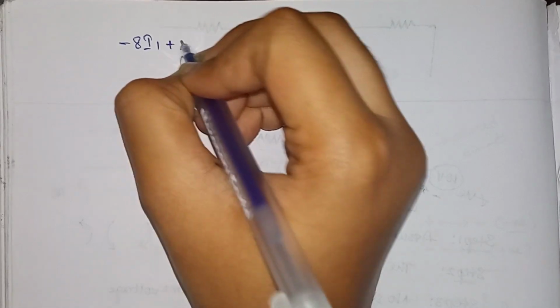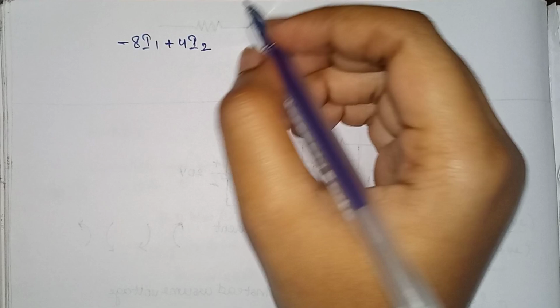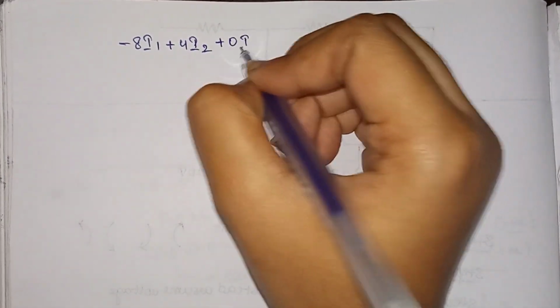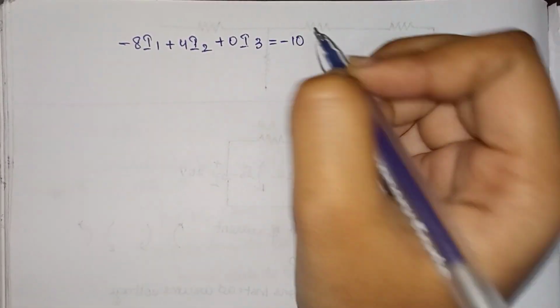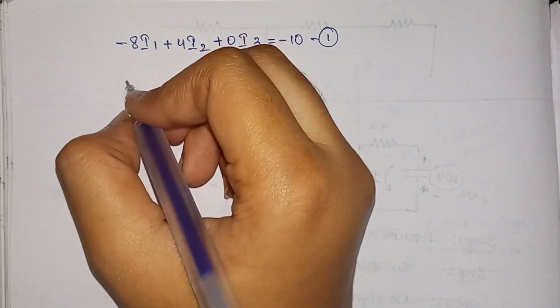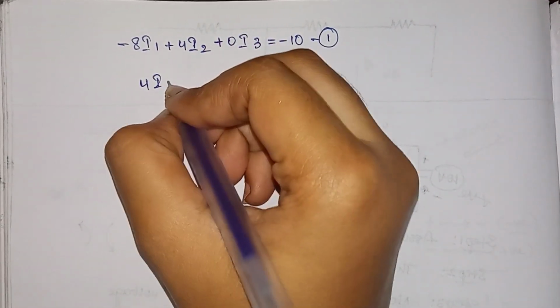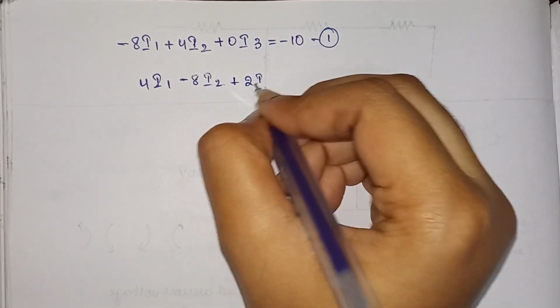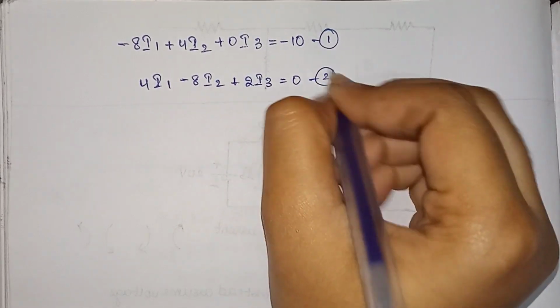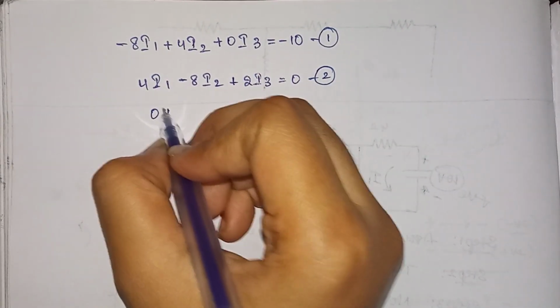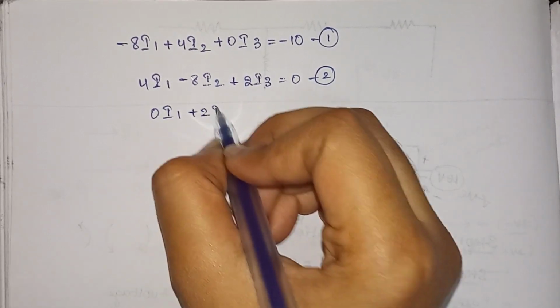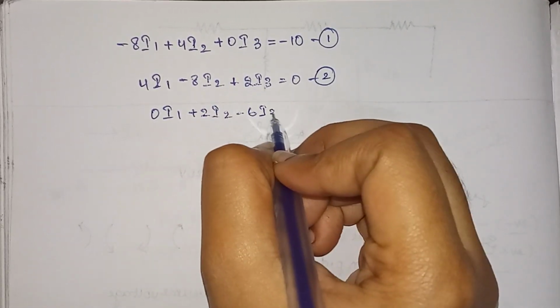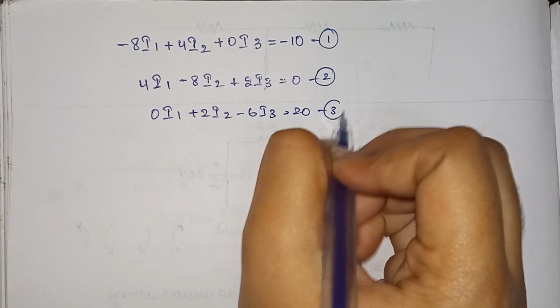Your first equation will be minus 8I1 plus 4I2. In the first equation we are not having an I3 part, so I'll take it as 0 I3 is equal to minus 10. This will be our first equation. The second equation is 4I1 minus 8I2 plus 2I3 is equal to 0. The third equation is 0 I1 plus 2I2 minus 6I3 is equal to 20. This is our third equation.